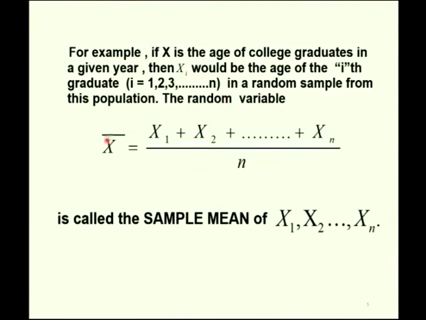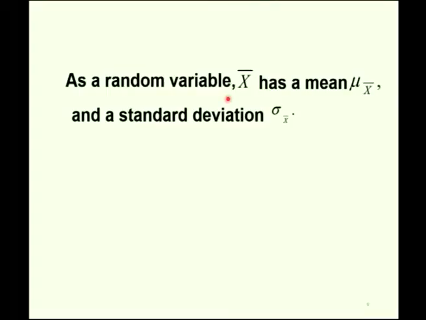The random variable x bar is equal to x1 plus x2 plus etc. plus xn, divided by n, which is the average of these xi values, and is called the sample mean of x1, x2, etc. up to xn, where each xi stands for the age of the ith graduate.